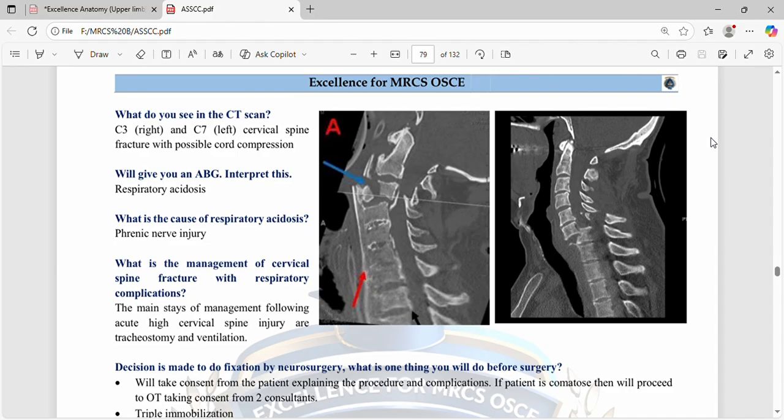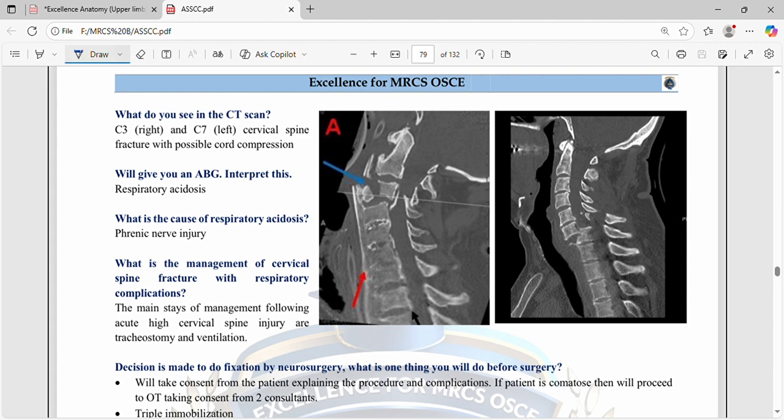What do you see in the CT scan here? Okay, so this is a CT scan of the spinal cord, and you can see the dens. This is the dens of the second vertebra, and this is the body of the first vertebra. So this is C1, this is C2, and this is C3.